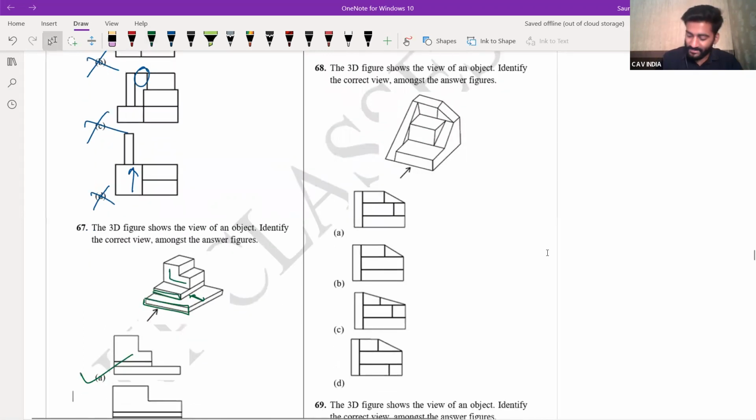Then you look at 68, you look at it from this side. Again, one more thing: if you have such slant surfaces, these slant surfaces will also look just like a rectangle. The length would be shorter than the actual length, but they will appear as a rectangle.